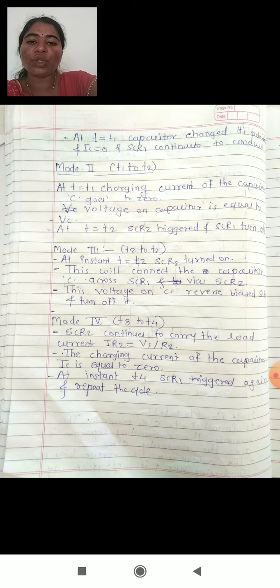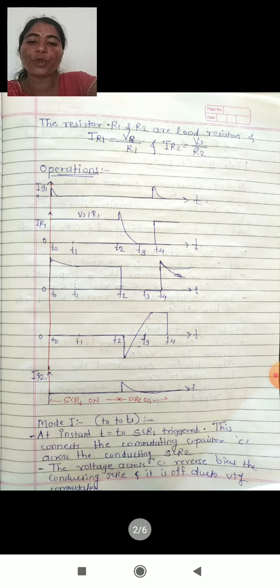At T equals T1, the charging current, that is the capacitor current, goes to 0. Hence the voltage on the capacitor is equal to Vs, and at T equals T2, SCR2 gets triggered.